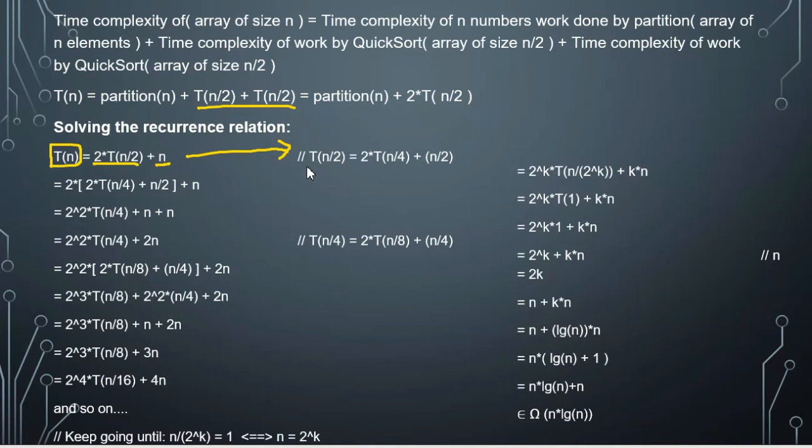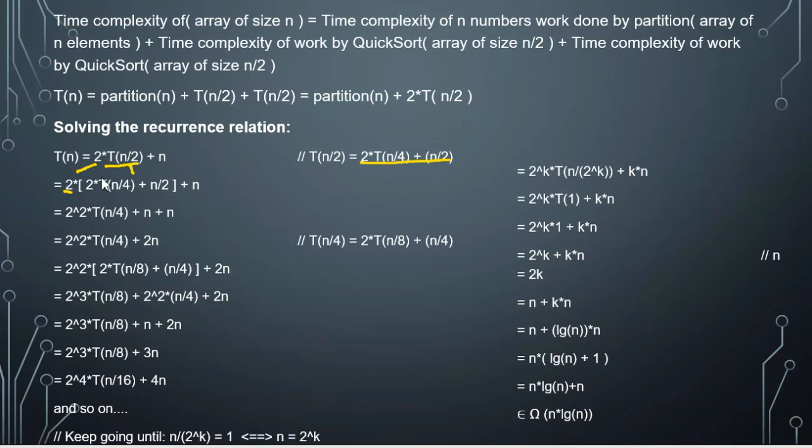Now we put the value of this T(n/2) in the equation to get the time complexity of sorting the array. It will become 2 times the T(n/2) expression plus n.